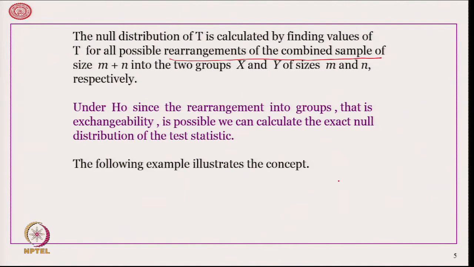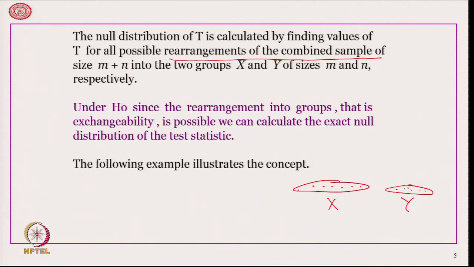What does it mean? Suppose this is my x and there are certain observations, and this is my y and there are certain observations. Now, if x and y are coming from the same distribution, then each possible x could have been a member of y and each possible y could have been a member of x.